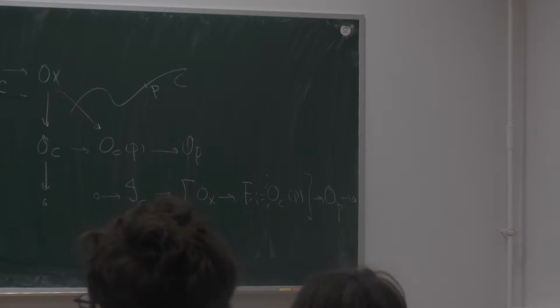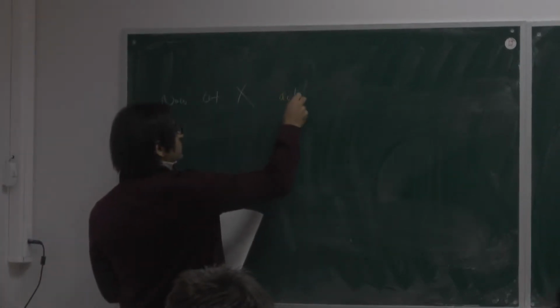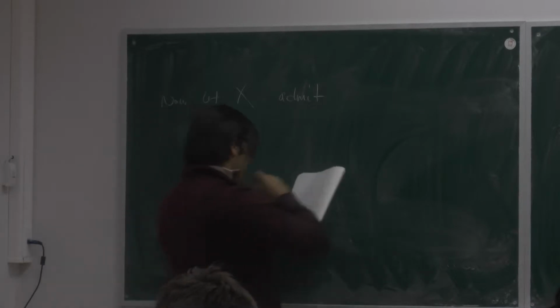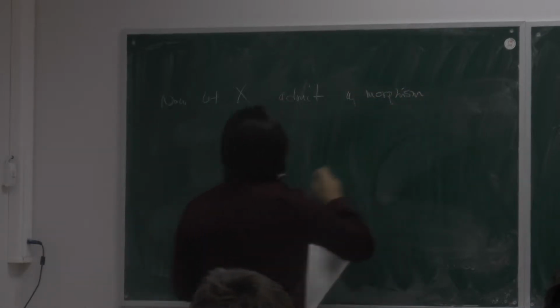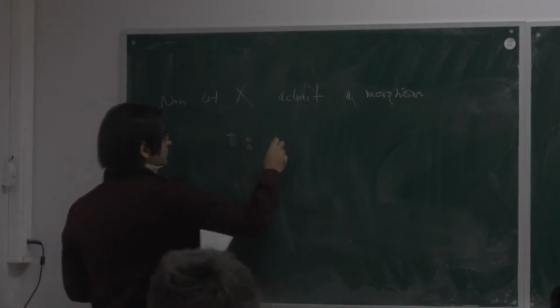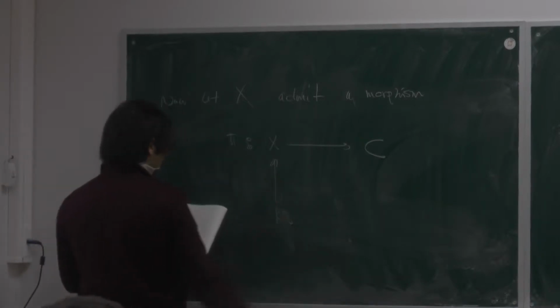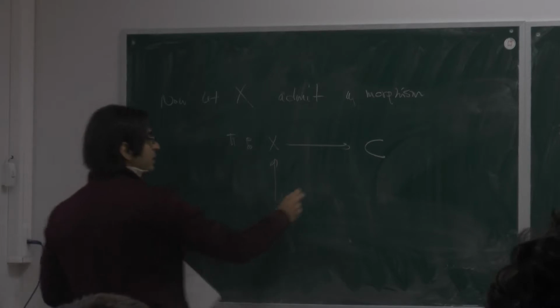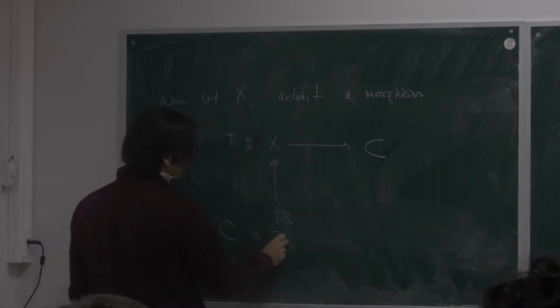Okay, so now let X admit a morphism pi to C with K3 fibers, where C is smooth and projective.